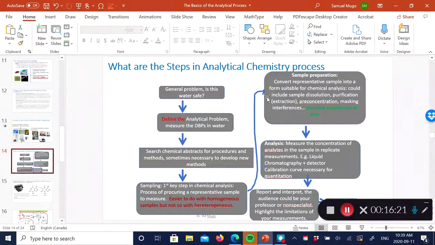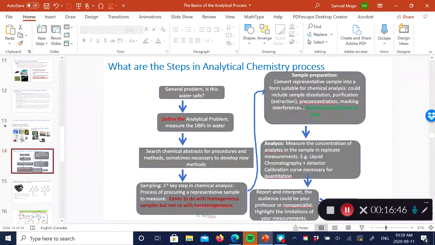This is the most expensive step as well, especially in terms of time, the use of organic solvents, and so on. Now, this is also the step where you need to have in mind most of the chemistry that you've learned. So there's a lot of chemical equilibrium at play for you to think what is the best method of extraction and so on.